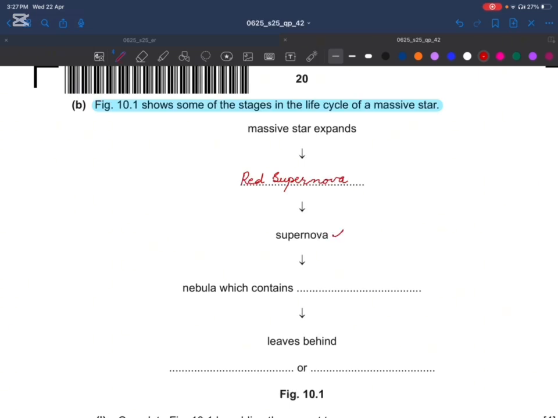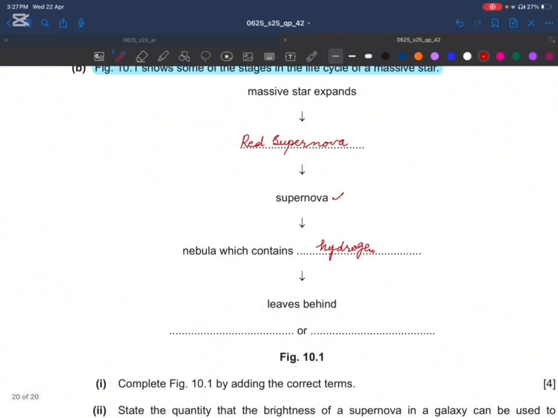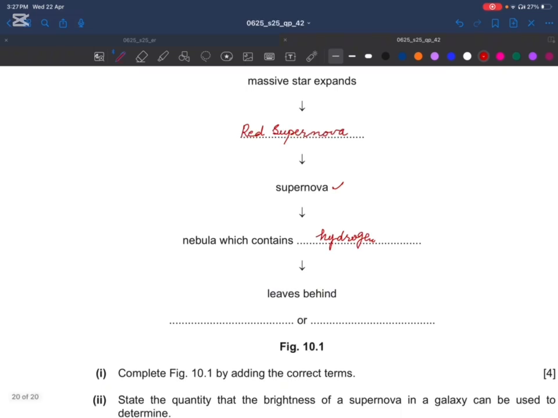The next stage after supernova, you will have the situation of the nebula, which contains hydrogen and obviously some dust as well. And the next point, it leaves behind the black hole or the neutron star.